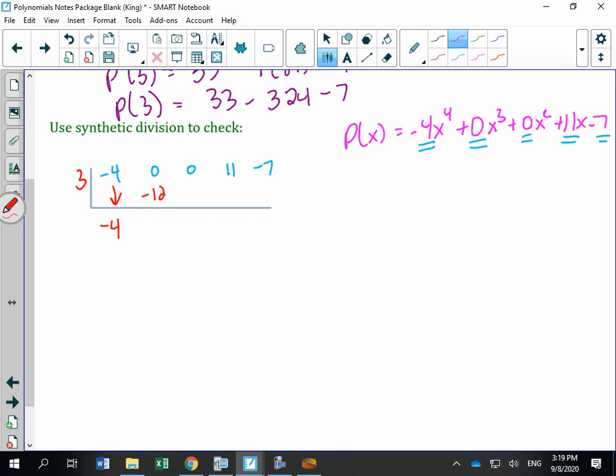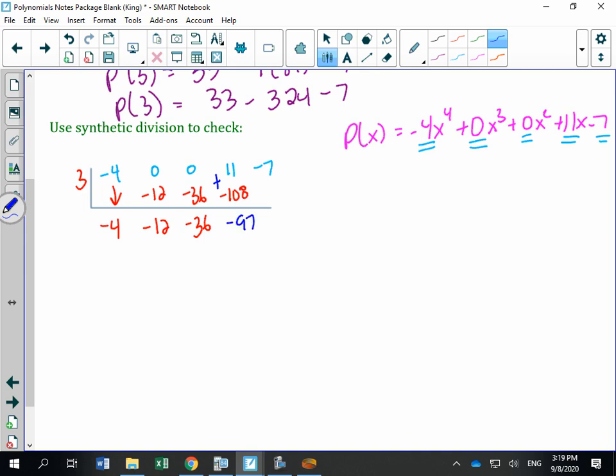Here we add. 0 plus negative 12 is negative 12. Negative 12 times 3 is negative 36. And when we add those two, I get negative 36. Negative 36 times 3 is going to be negative 108. And here, when you add 11 plus negative 108, you get negative 97.